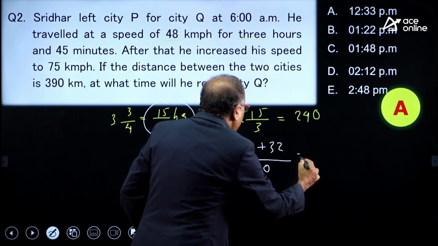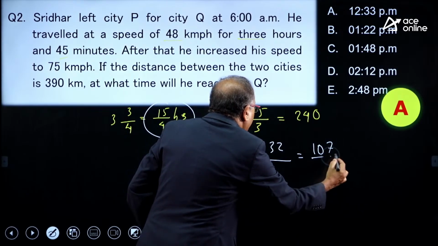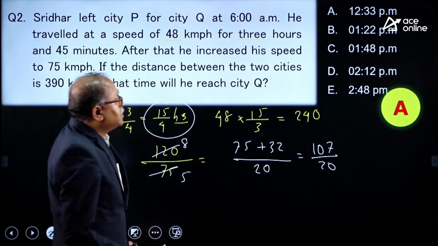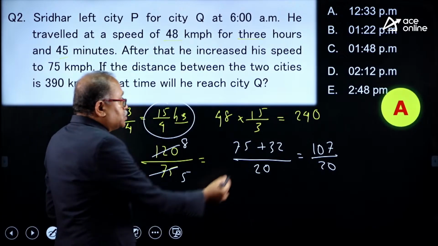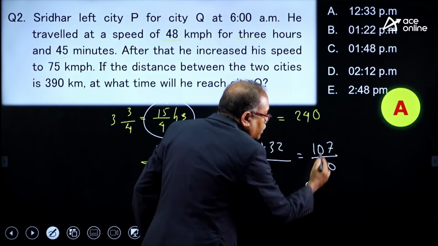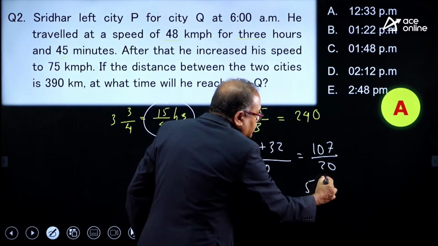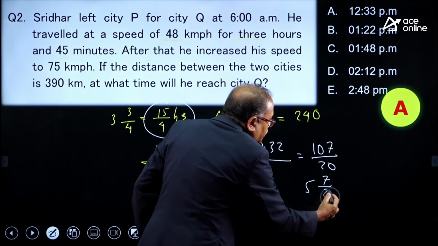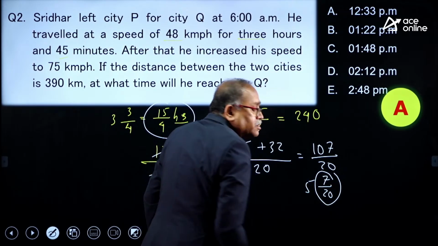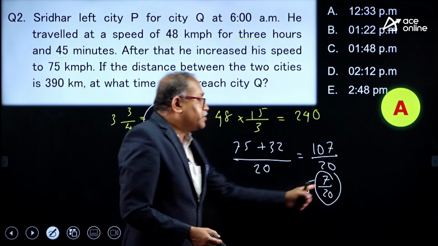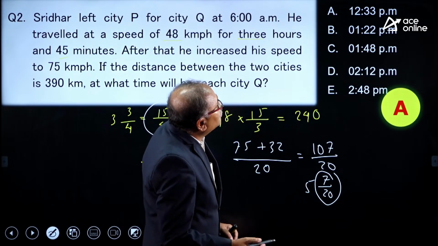I am getting 107 by 20, and that gives us how much time? Here 5 hours, and then 7 by 20, how many minutes? 7 by 20 into 60, that gives us 21 minutes.